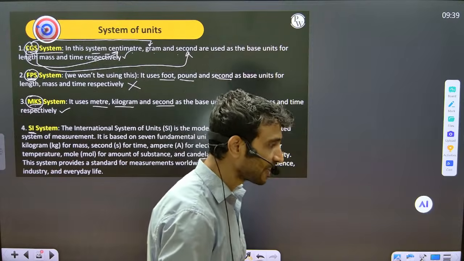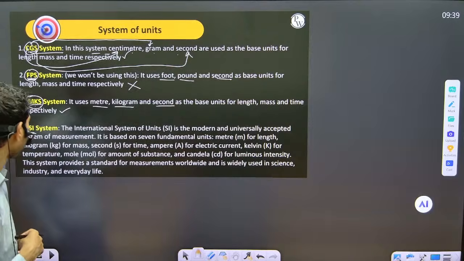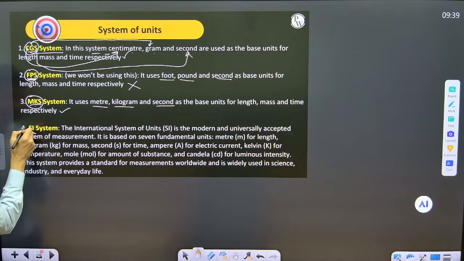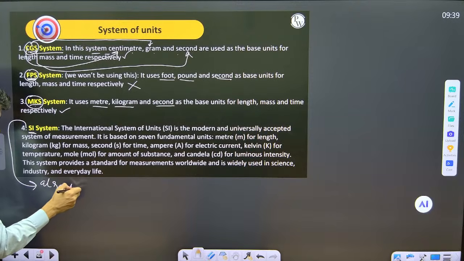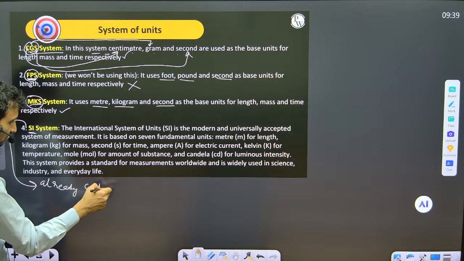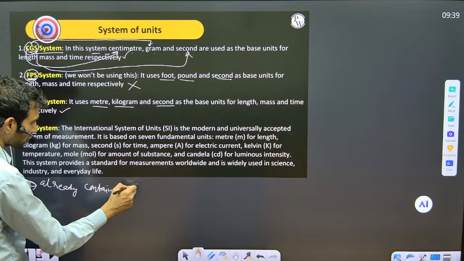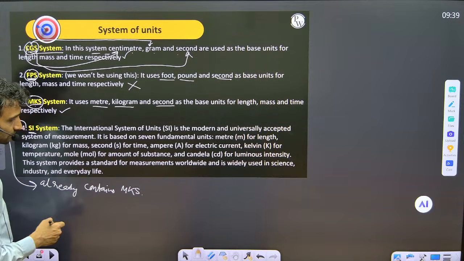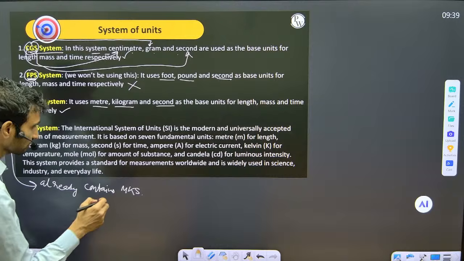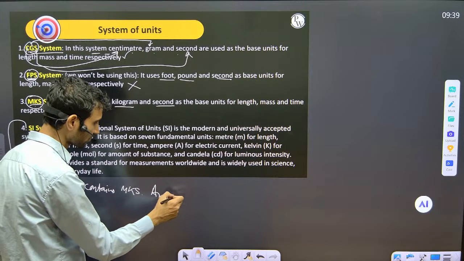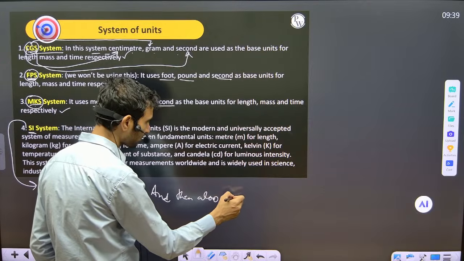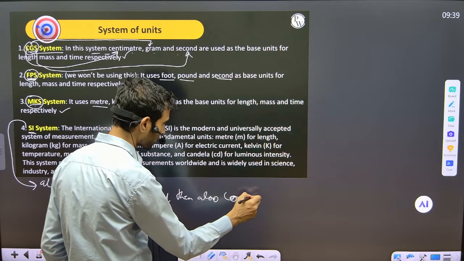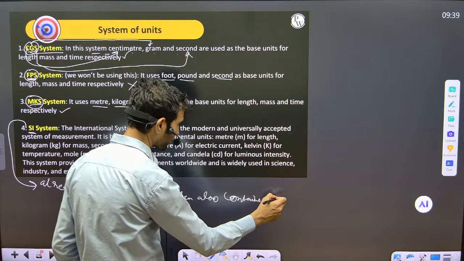Then there is something called the SI system. The SI system is interesting. It already contains MKS, and then also contains more units.